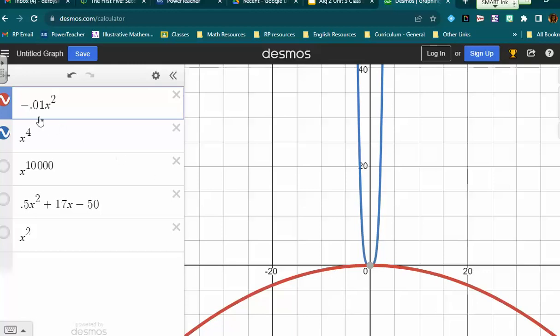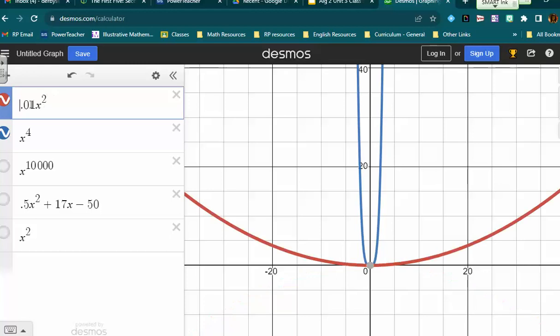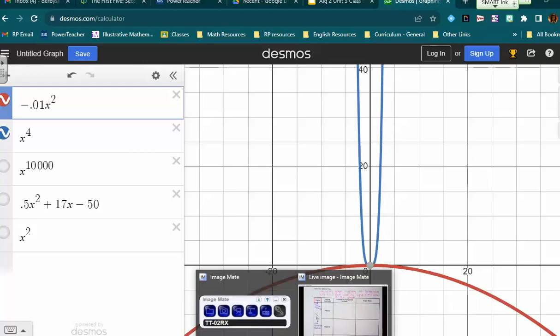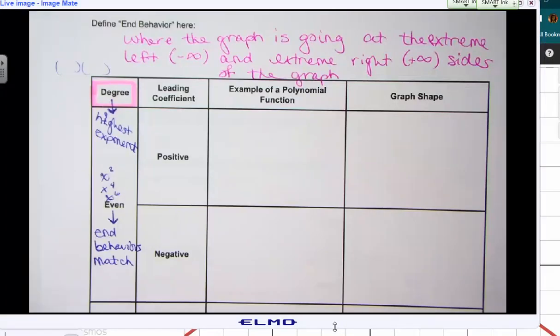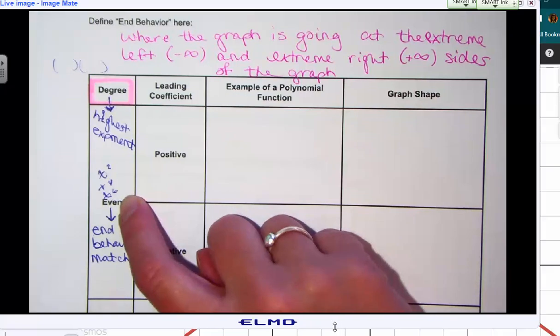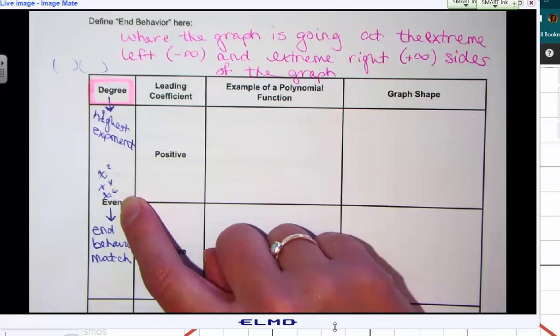It immediately went from the happiest graph you've ever seen, the big old smiley face of a graph, to a real downer, a frowner of a graph, because of that negative symbol. So this is where our other part comes in, that we can start to tell end behaviors. And again, all of those ones that I did were even exponents, even degree.